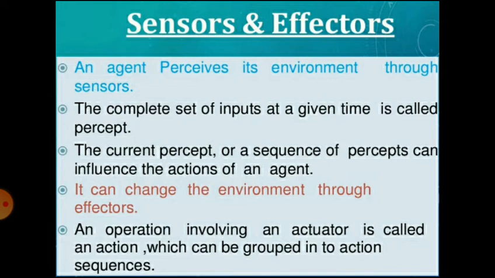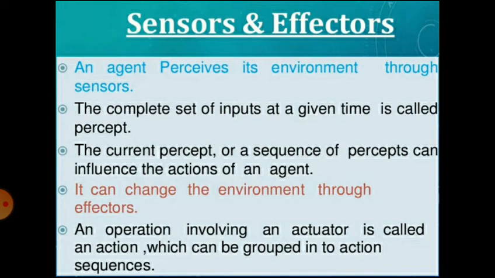For example, a human agent perceives a bird flying in the sky through eyes and takes a snap or photograph. Another example of percept is a robotic agent perceiving the temperature of a boiler through cameras and taking a control action.